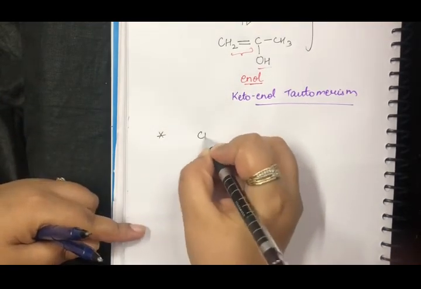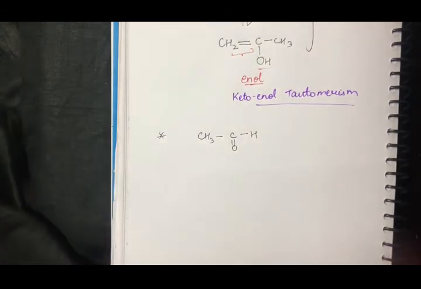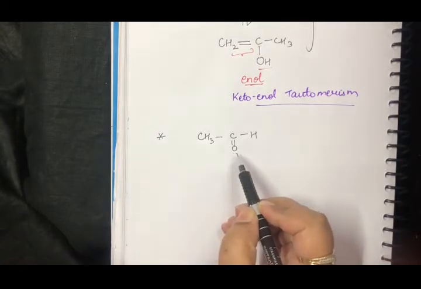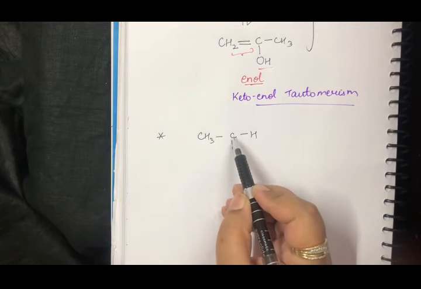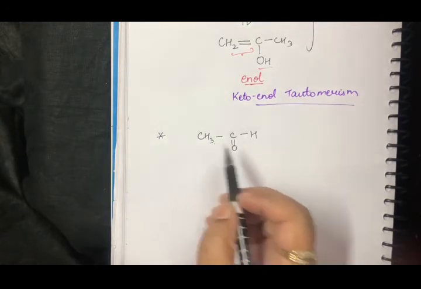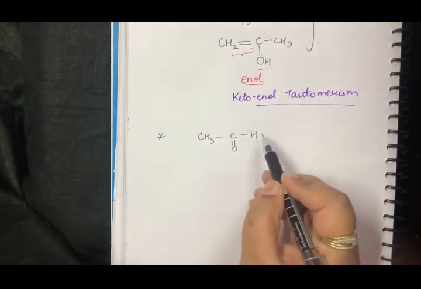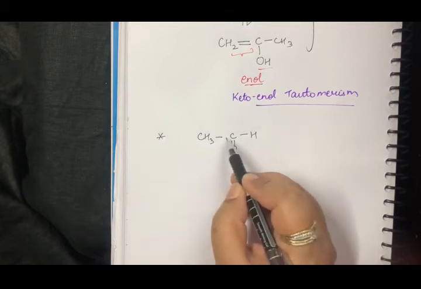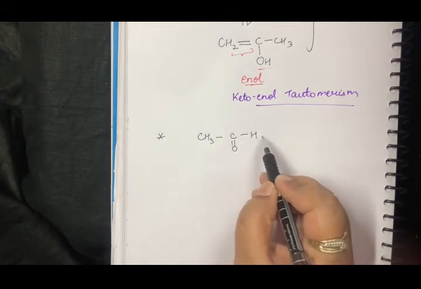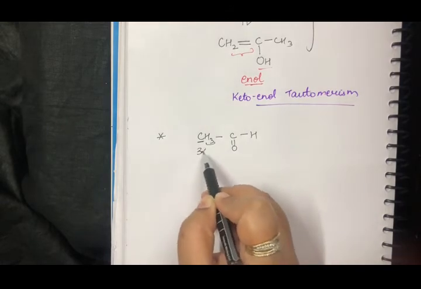Now let's see one or two more examples to understand the concept better. Let's say I have a compound like this, and I want to see if it will undergo tautomerism. What is the first condition? I should have an electronegative atom, which is here, and it is doubly bonded to the carbon. So the first condition is satisfied. When I talk about the second condition, I should have alpha hydrogen. On this side, I do not have an alpha carbon, because this hydrogen is directly attached to this carbon. But on this side I have an alpha carbon and there are 3 alpha hydrogens.